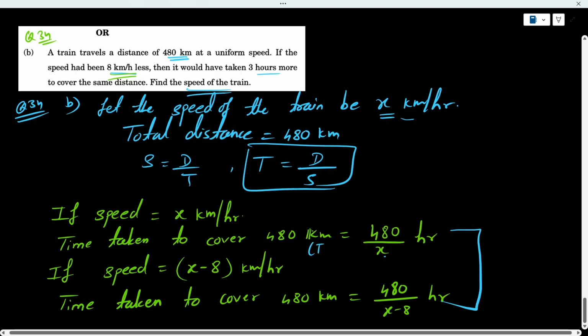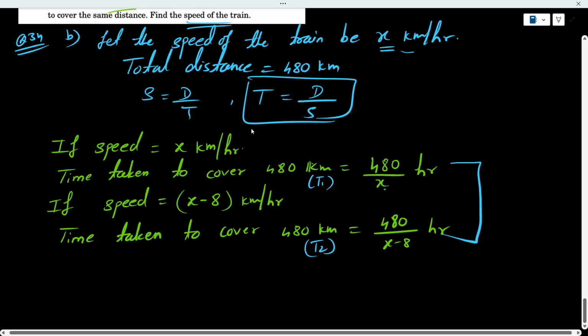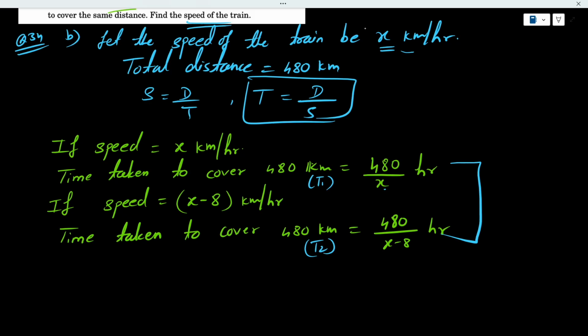So if I write this as t1 time and this as t2 time, because the difference between both the times is 3 hours. One is taking 3 hours more, right? Which will take 3 hours more? The one which has less speed. Or you can put the logic: divided by the smaller denominator will give you the greater value. Here the denominator is greater, so the whole fraction is going to be smaller.